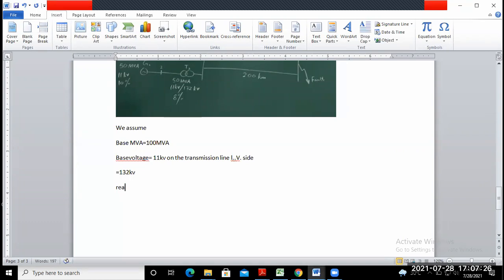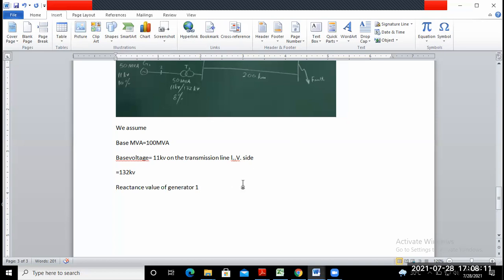The reactance value of generator 1. For generator 1, the base rating is 100 MVA and 11 kilovolt, so it remains the same as the base value we have taken. Whatever the given per unit value for generator 1, it is the same in this case, since we consider the base 100 MVA and the base voltage.